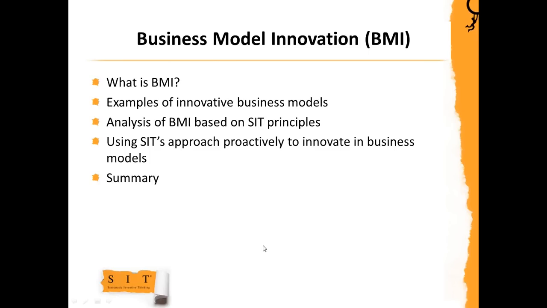So what are we going to talk about today? The first thing we'll have to try and define is what exactly is business model innovation. We're going to show some examples of innovative business models that I'm sure many of you are familiar with. We're going to try to analyze these business models through the prism of the systematic inventive thinking method and principle.